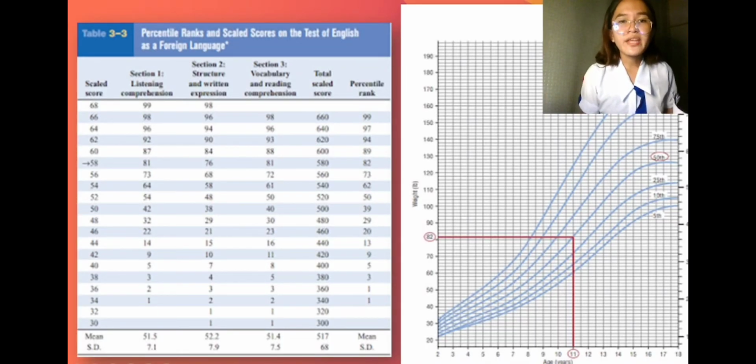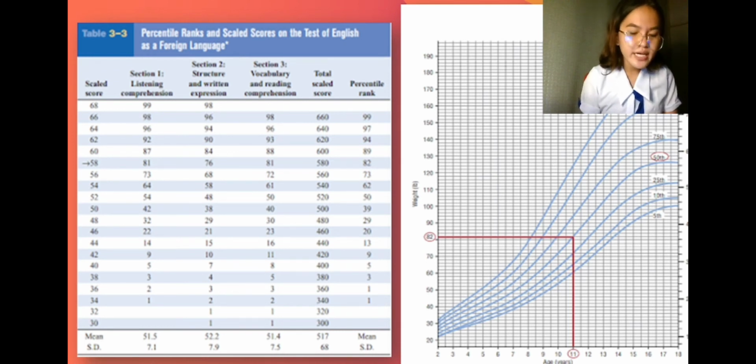So, in this illustration, first on the left side, this shows the percentile rank and skill score on the test of English as a foreign language.